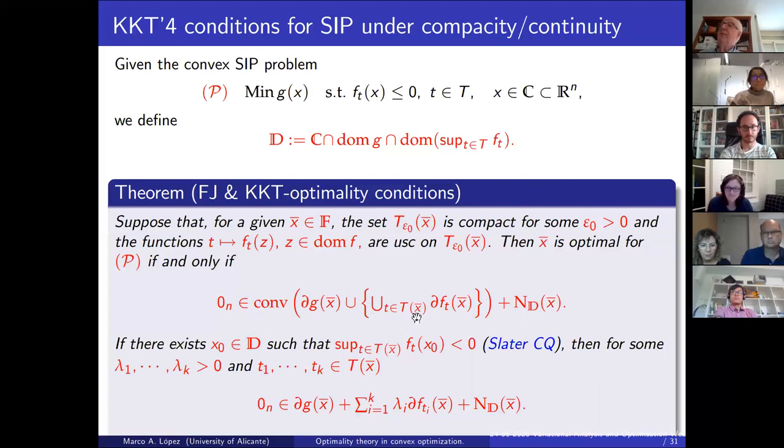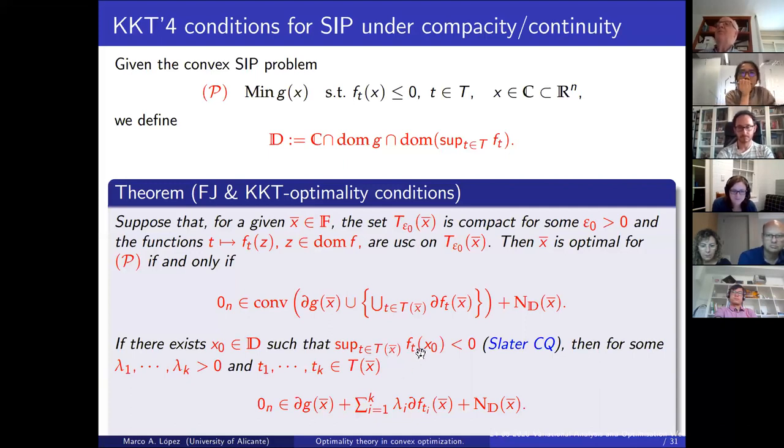I don't like Fritz-John optimality conditions because the role played by the objective function is absolutely superfluous. It's dummy. And so I need some kind of Slater condition. If I suppose that there exists one point node in this set such that the supremum is attained, it is enough to assume that the indices are active at the point. I can forget the other constraints which are not active.